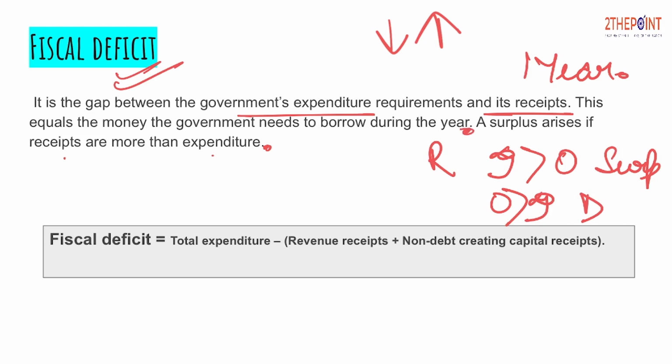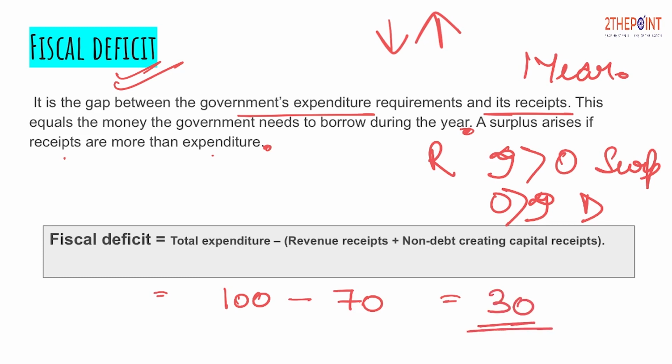Now what does this line mean, that this equals the money the government needs to borrow during the year? Let's suppose the government's expenditure is rupees 100 and only rupees 70 can be recovered by the inflow that the government is receiving. So what is remaining is this 30.